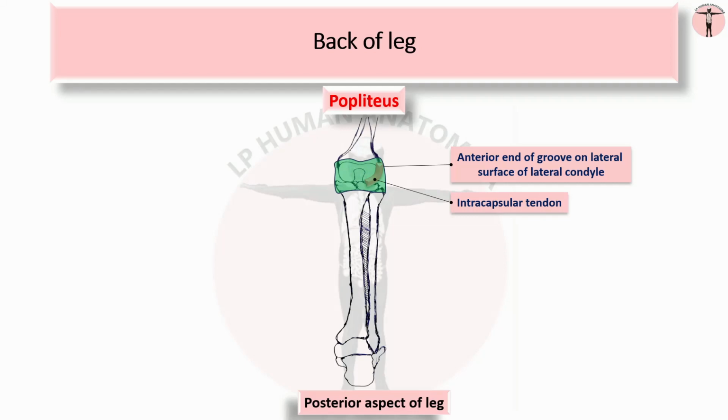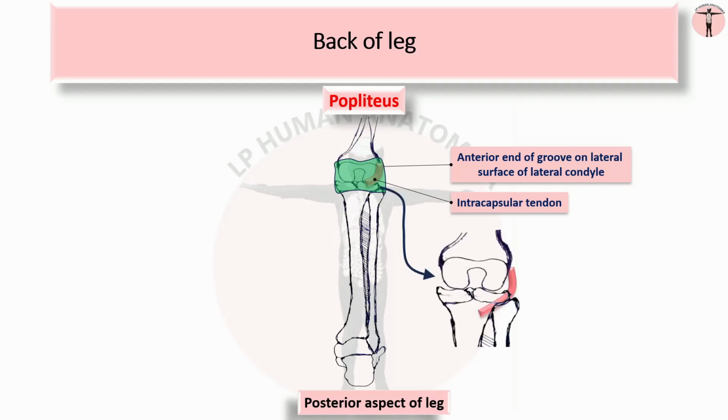The intracapsular tendon runs between the lateral ligament of the knee joint and the lateral meniscus, separating the two structures. The meniscus is not tethered to the ligament and is freer to move and adapt to the surfaces of the condyle of the femur and the tibia.